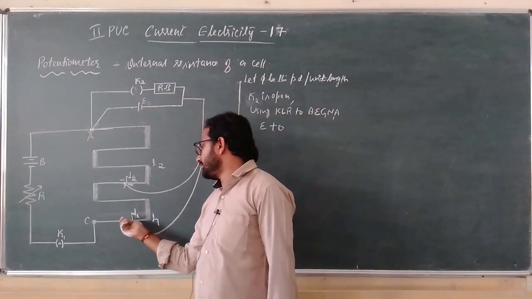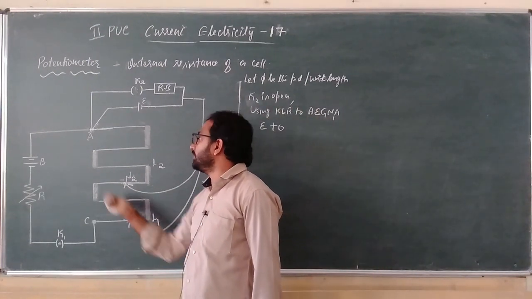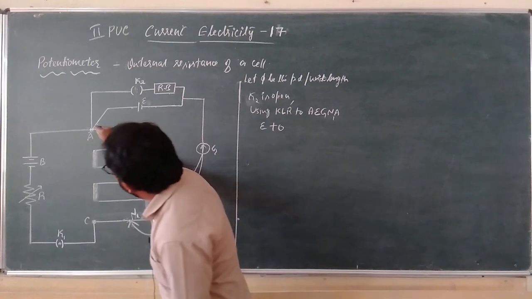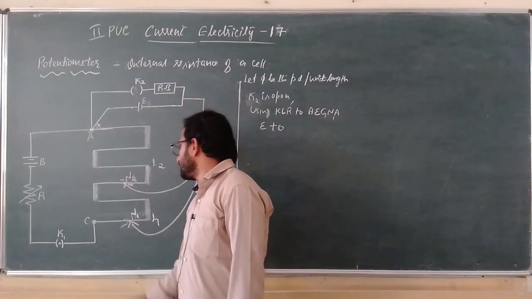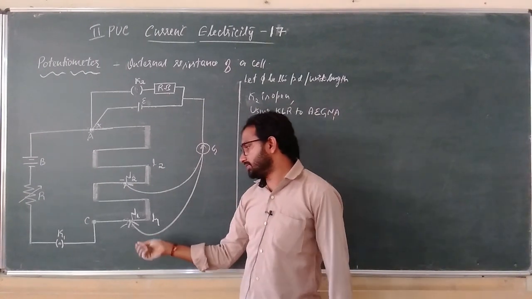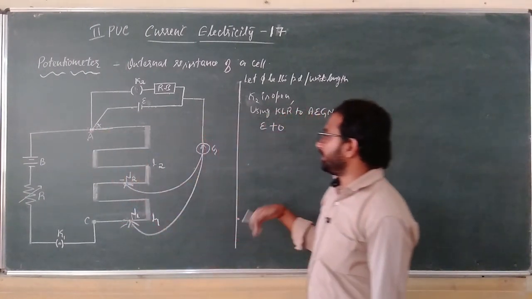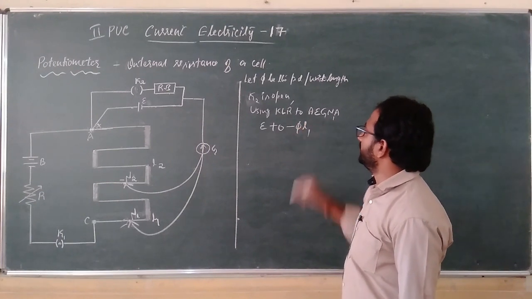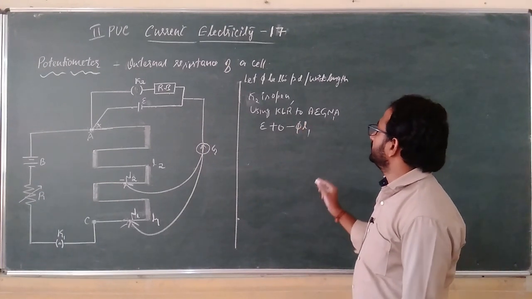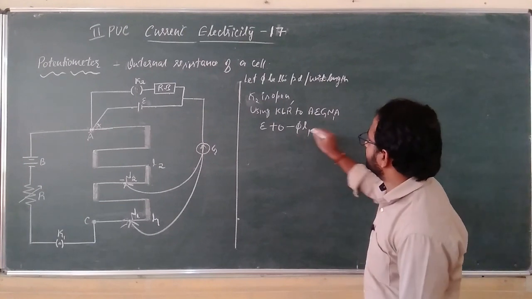So what is the potential difference from N1 to A? The positive electrode is connected at the higher potential, and this end is at lower potential, so you are measuring the potential drop from here to here, which is minus phi into L1. Why phi into L1?